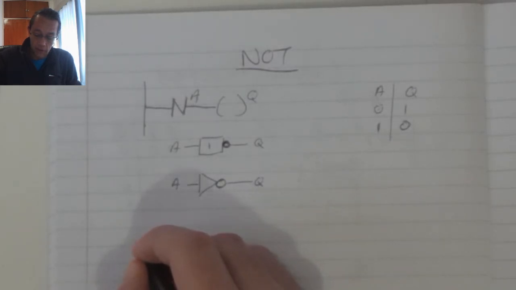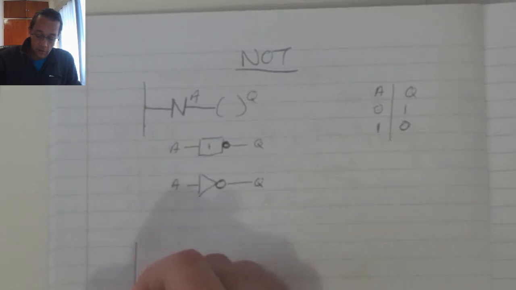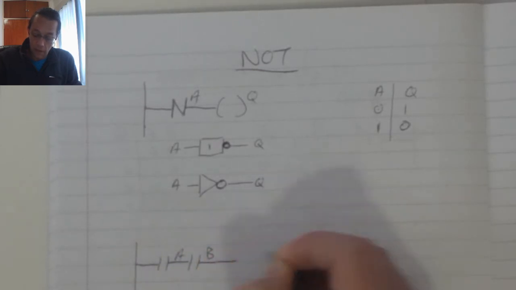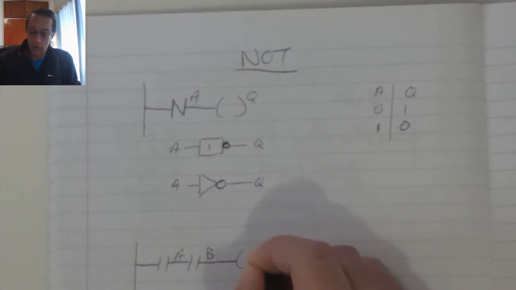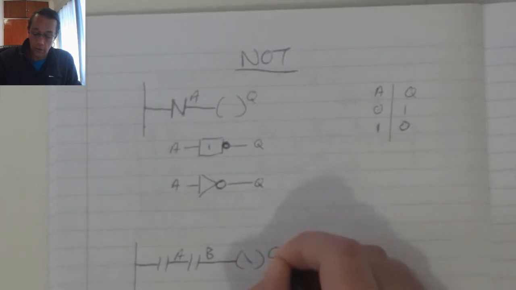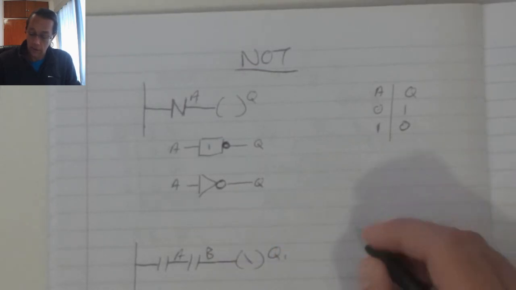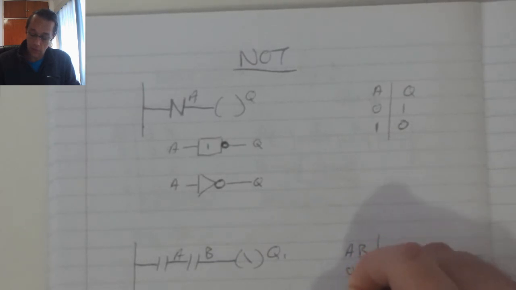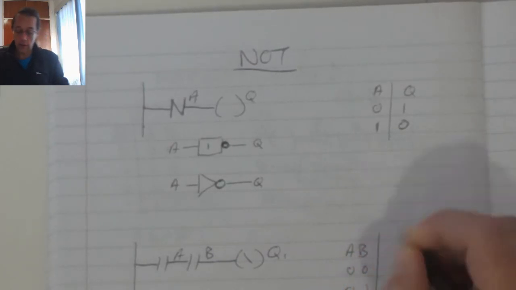If I look at A and B in series, and I do that to Q, then A and B: 0, 1, 1, 0, 1, 1.